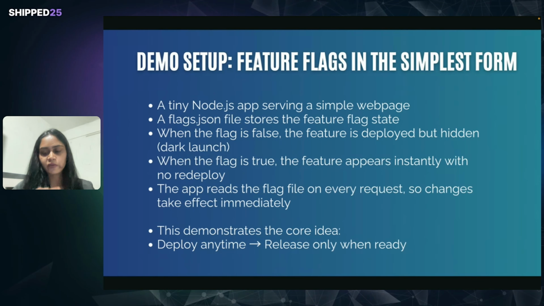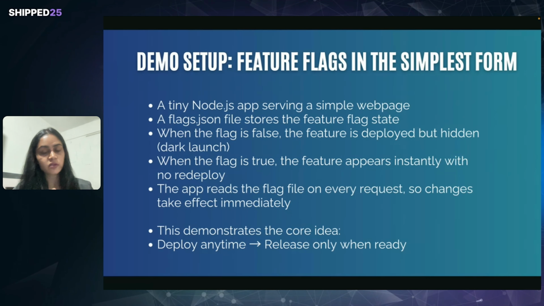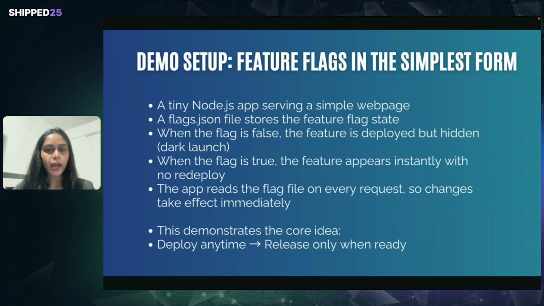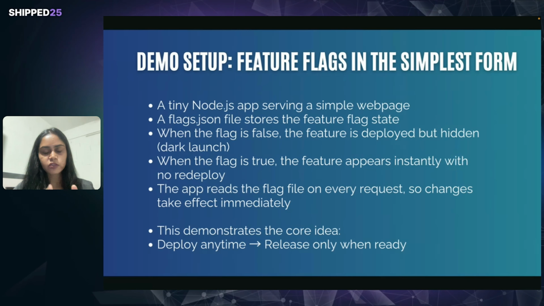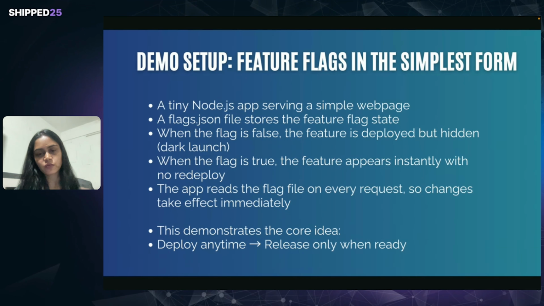Whenever we change the flag, or toggle between on and off, the app is going to read the flag file, and on every request, whatever state we have changed the flag to, the effect is going to be immediate on production. So that is how it works.